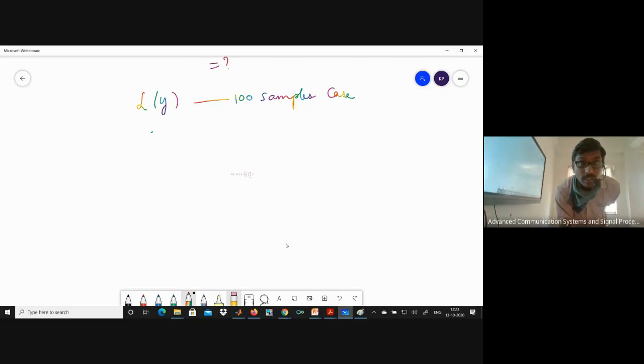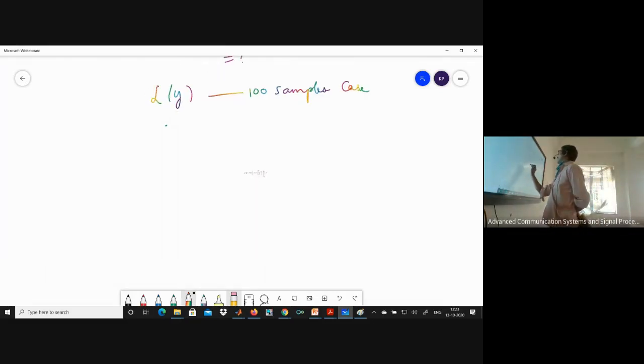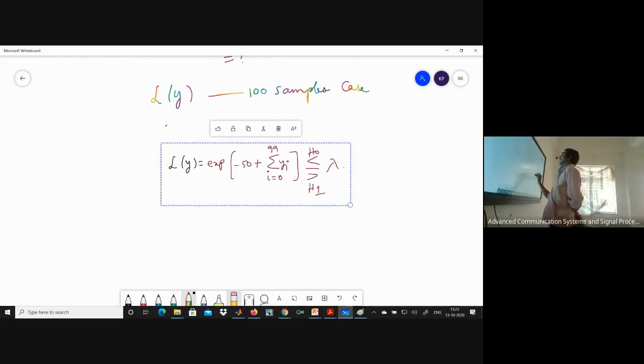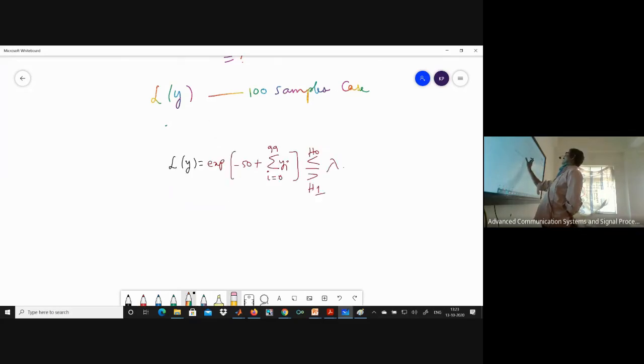Control V. Chiranjeevi has given me this equation, right? So let's go ahead with this equation.